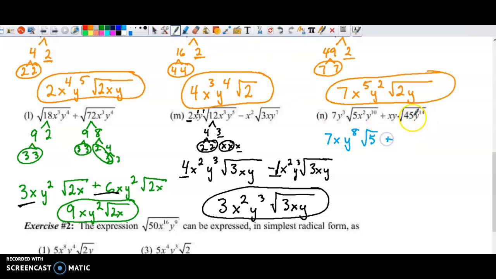And then here I could break out 45 as 9 times 5, and 9 breaks down as 3. I have an x, y to the 7th, to match up with that y, so it's y to the 8th, square root of y. Oh, we got it again. The 7 and the 3 can be added together because all of the rest of the pieces are identical.